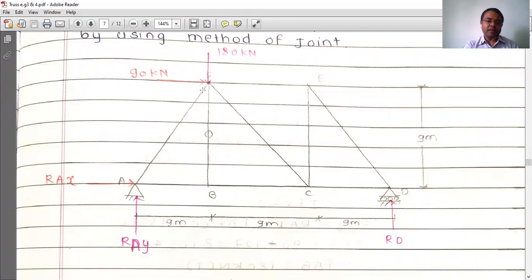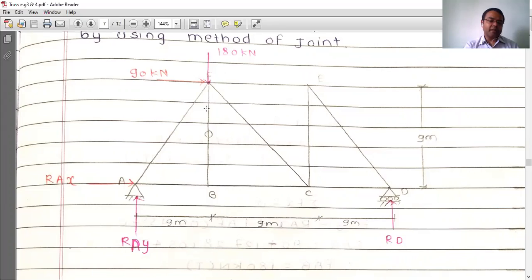Again at joint F, 4 members are there. Out of 4 members, we know the force in this member, which means 3 members are unknown. But for the joint method, the limitation is up to 2. We have to start a solution from a joint where there are a maximum of 2 unknowns.